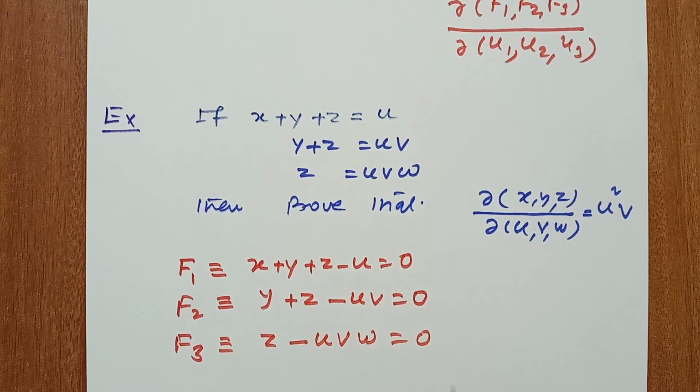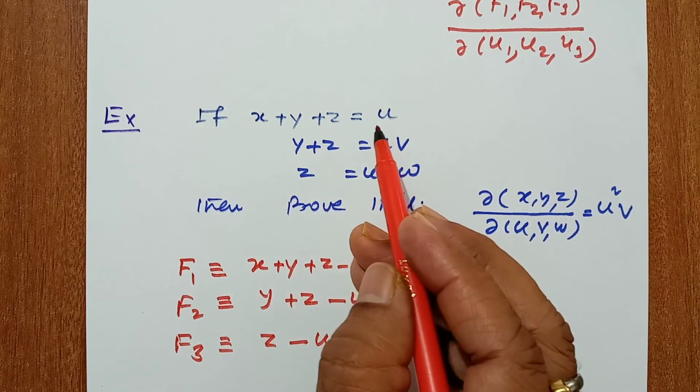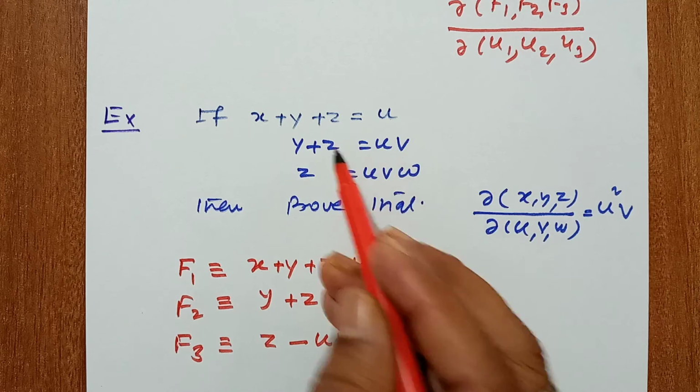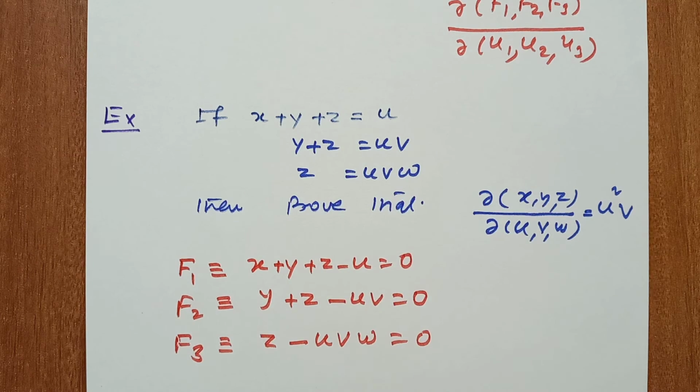So first we put everything on the left hand side, in the standard form f1 equal to 0, f2 equal to 0, f3 equal to 0, meaning f1 is a function of x, y, z and u, v, w. Here v and w are absent, so no problem. f2 and f3 are also functions of x, y, z, u, v, w.